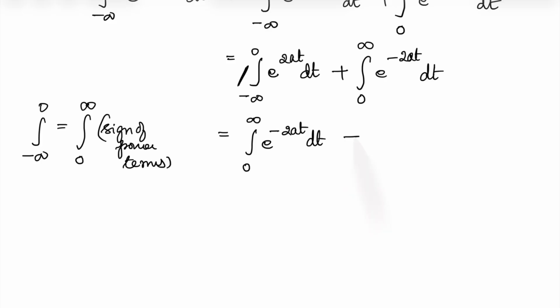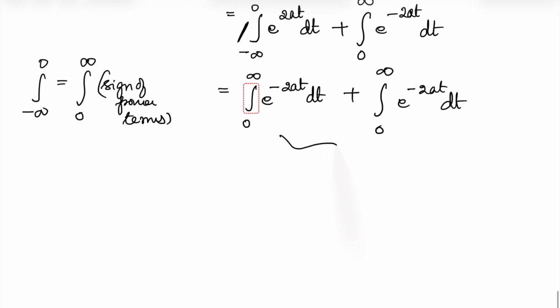Plus again 0 to infinity e power minus 2at into dt. So if you see, in both the cases it is the replication of the same. So how can I write it? Twice the integral 0 to infinity e power minus 2at into dt.